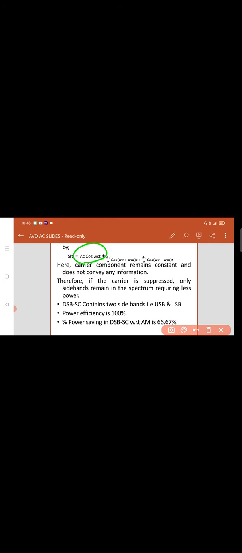We discussed it in two forms, time domain and frequency domain representation, and both are the same. The carrier component remains constant and does not convey any information. That's why the carrier is suppressed, only the sidebands remain, and the spectrum requires lesser bandwidth and lesser power. So DSBSC, double sideband suppressed carrier, consists of only two sidebands, USB and LSB. The power efficiency is 100 percent, with power saving up to 66.67 percent, as I told you a few minutes ago.